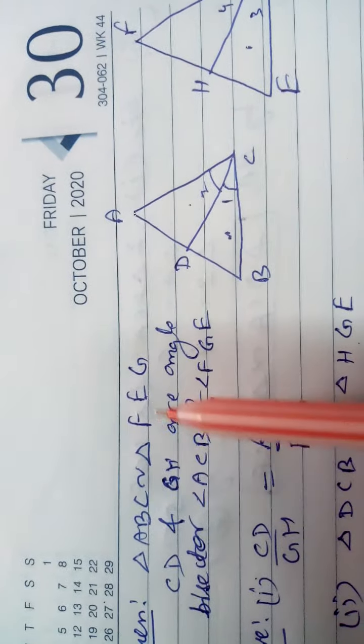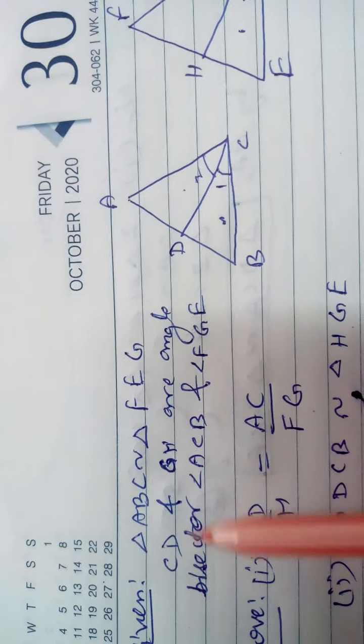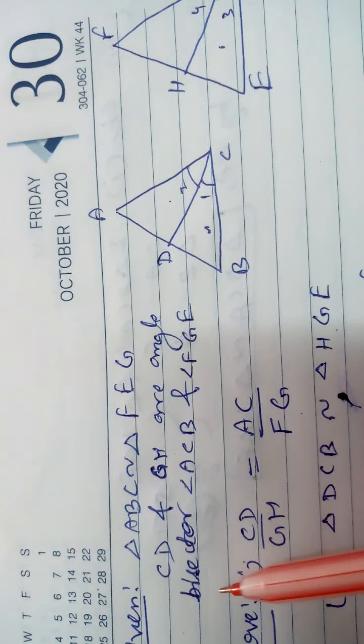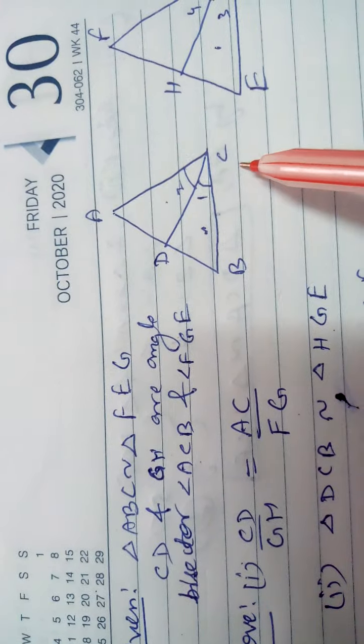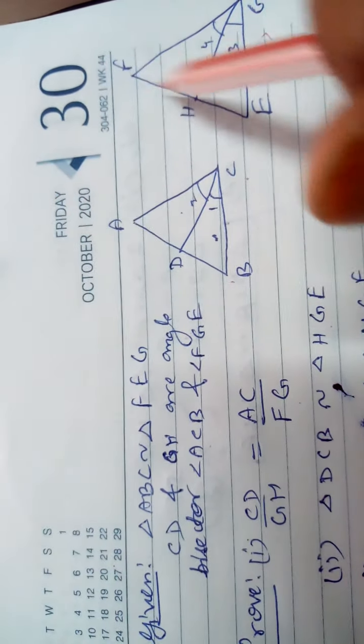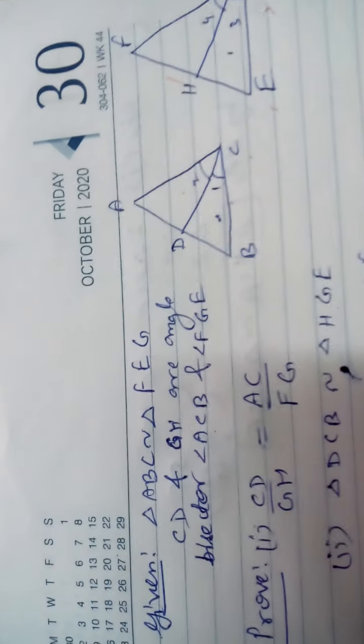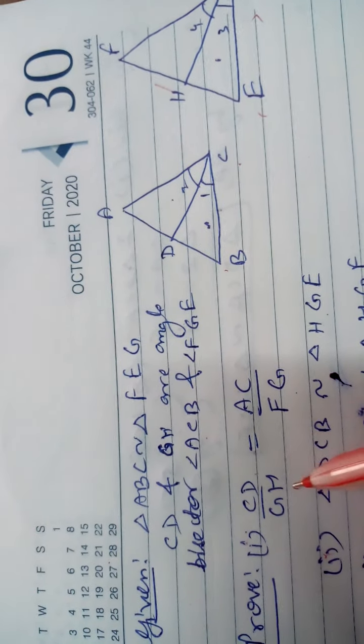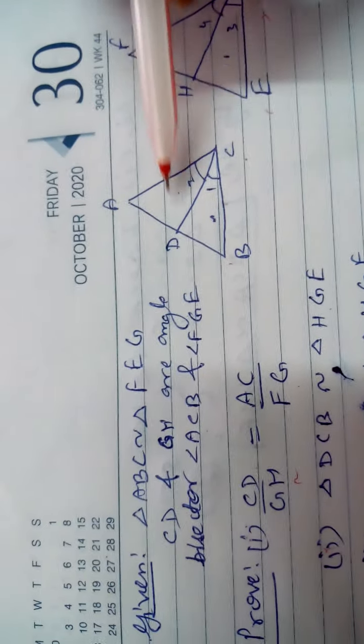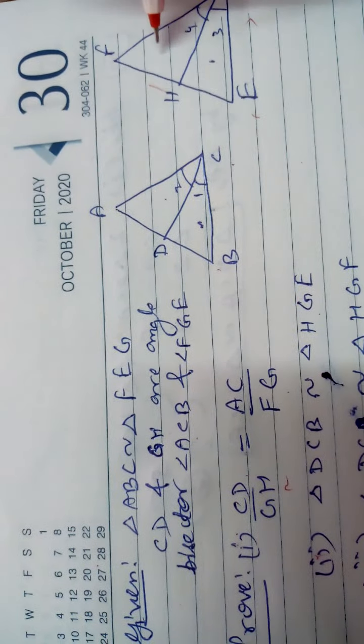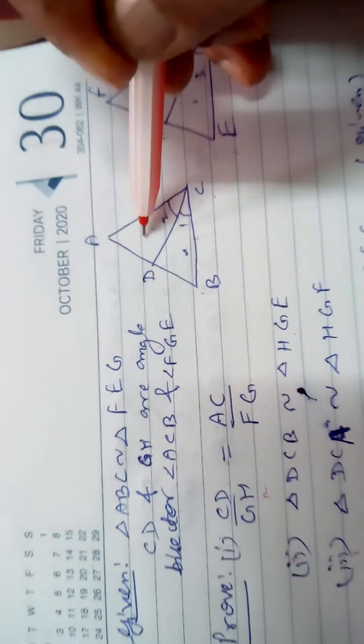Triangles ABC similar to FEG such that CD and GH are angle bisectors of angle C and angle G, which meet AB at D and EF at H. You want to prove CD upon GH, AC upon FG.